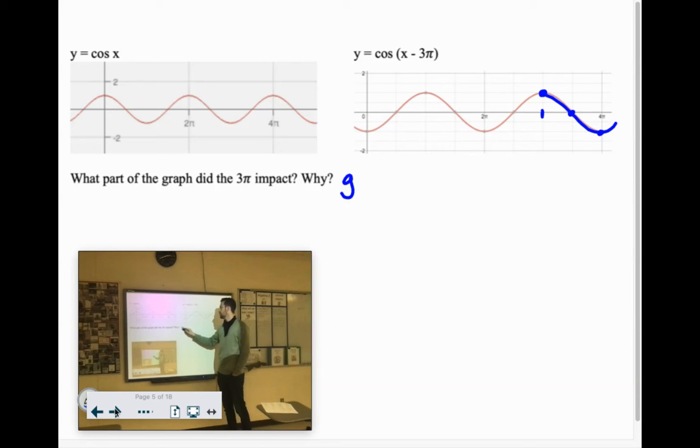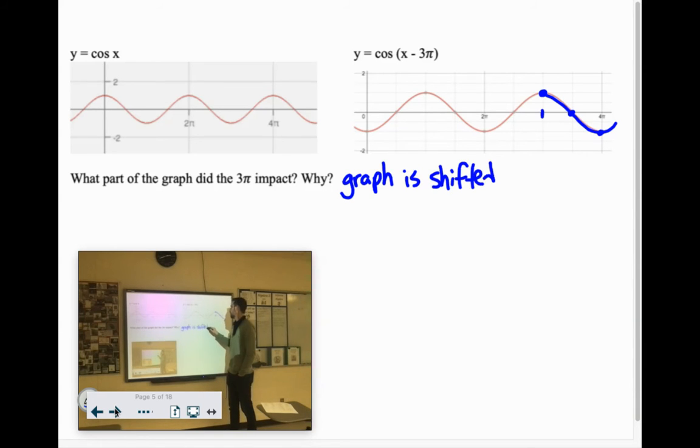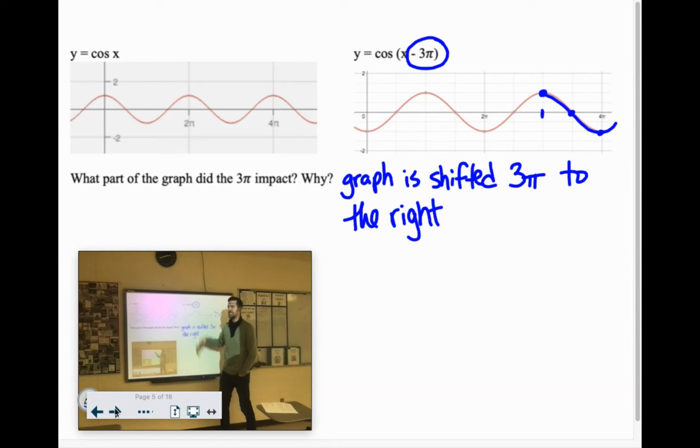The graph is shifted 3 pi to the right. Huh. It was shifted 3 pi to the right? I wonder where that would be in the formula. There.